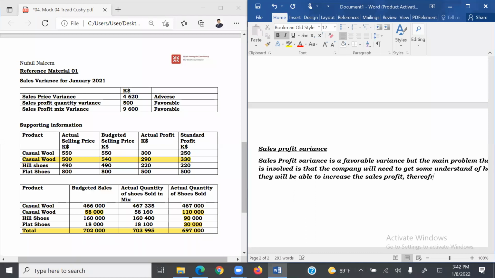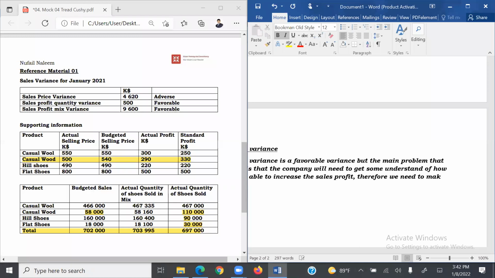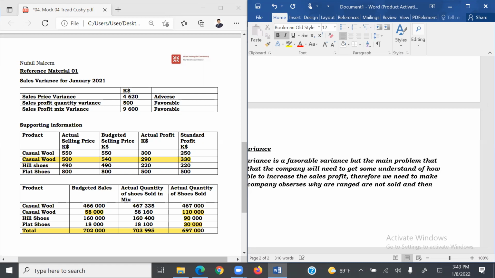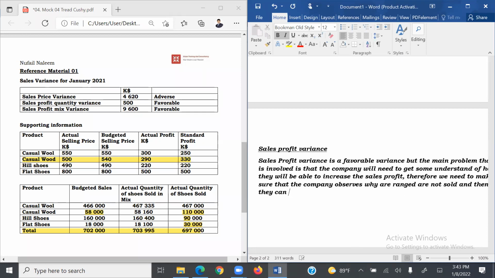Therefore, we need to make sure that the company observes why other ranges are not sold, and then they can make a better increase in the sales profit variance at the moment.